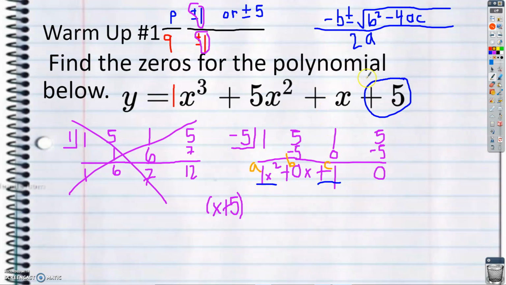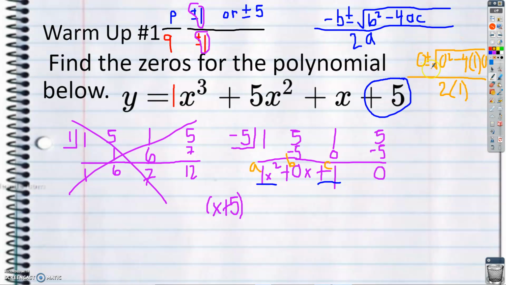So I have b is 0, so that's minus 0, plus or minus the square root of b squared, so that is 0 squared minus 4 times a, which is 1, times c, which is 1, all over 2 times a, which is 1.